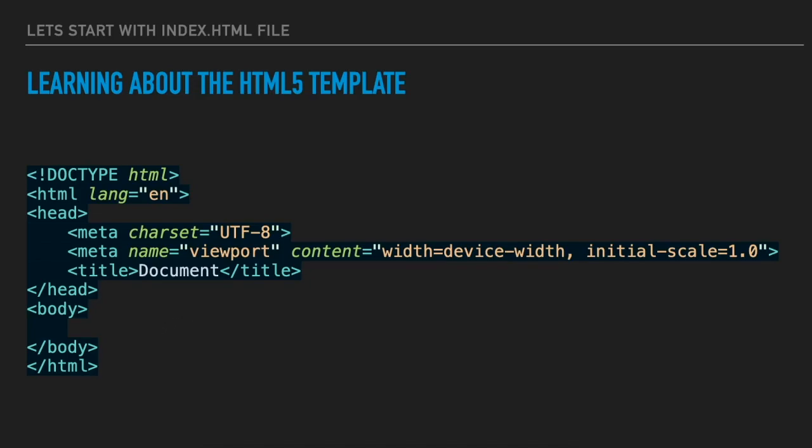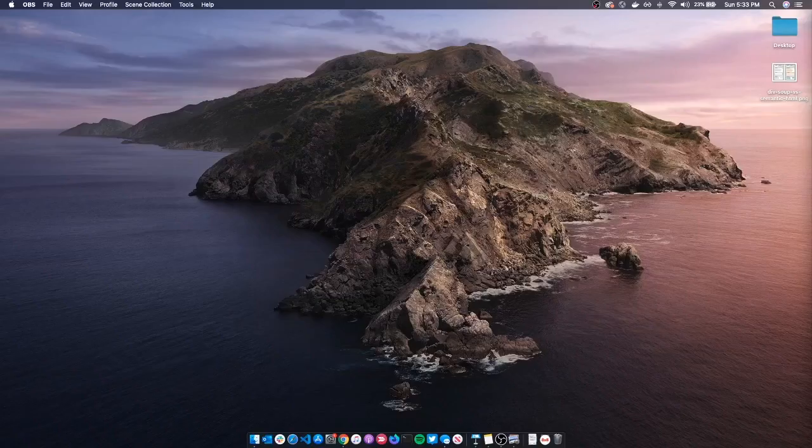Now let's go into our VS Code app and create an index.html file using this HTML5 template. So now let's create an index.html file using what we learned about the HTML5 template and semantic HTML. So let's create a folder on our desktop and name it website, just like we did in the other videos.